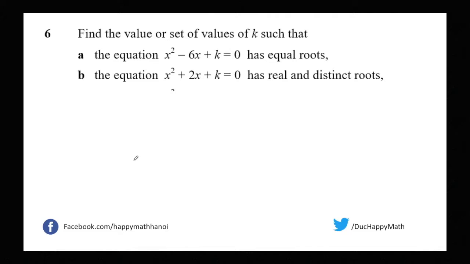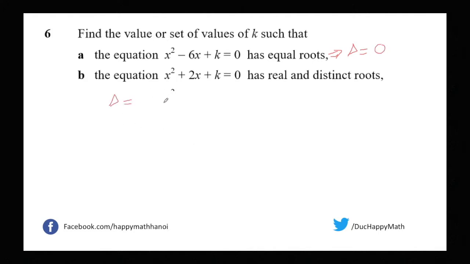For example, in this exercise you might have ten questions about finding the condition. The first one we will try is question A. The equation x squared minus 6x plus k equals 0 has equal roots. Equal roots tell you to find the condition for delta equal to 0. So we compare to the formula of delta.